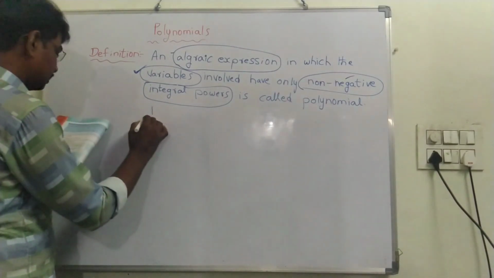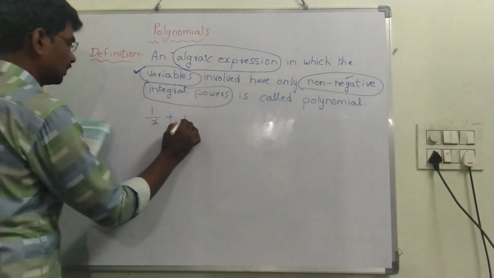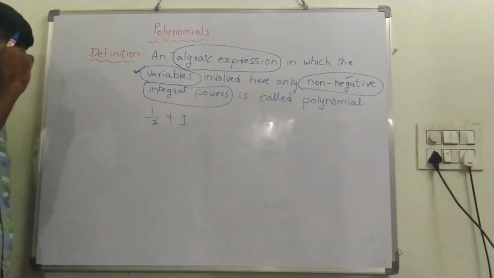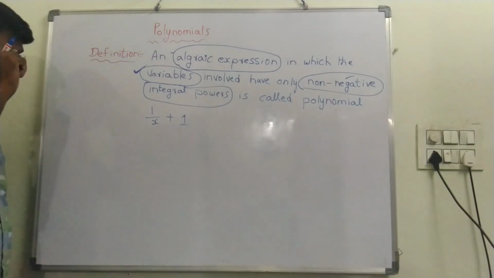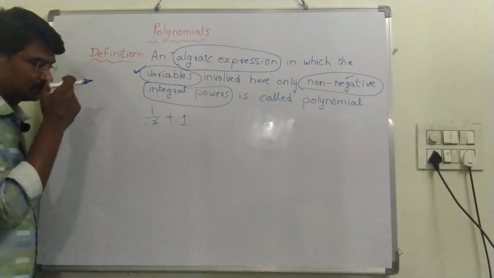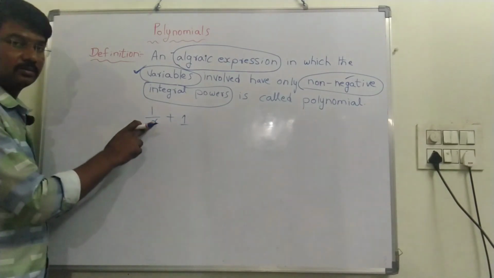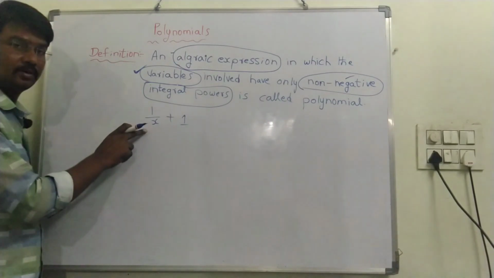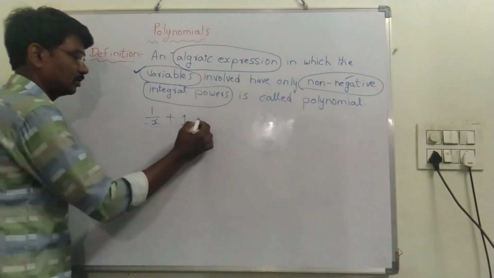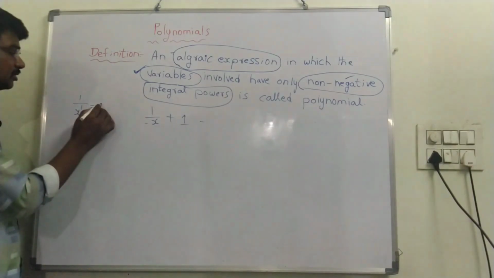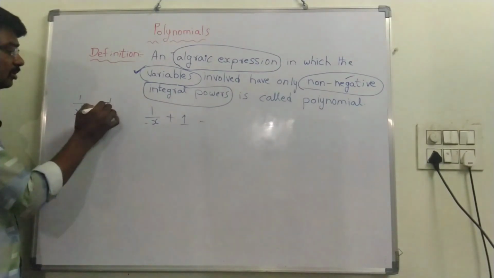Okay, next one more example. 1 by x plus 1. Is it a polynomial? No. How can we say? In the denominator place there is a variable. Variable is at the place of the denominator. So 1 by x to the power of 1, right? 1 by x will become x to the power of minus 1.